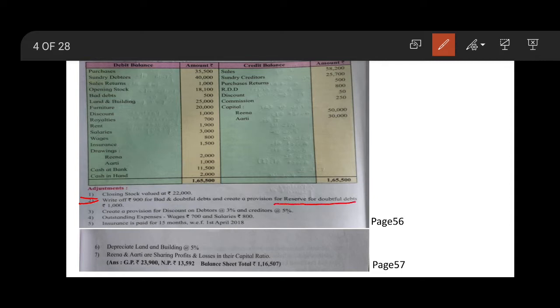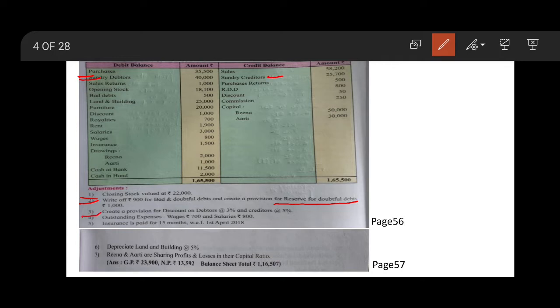This RDD is always calculated on sundry debtors. So mark the sundry debtors first. Next is create provision for discount on debtors and creditors. Again adjustment on debtors, so another tick mark on debtors. The next is on creditors, so find the creditors in the credit balance. You will find it. Mark it.